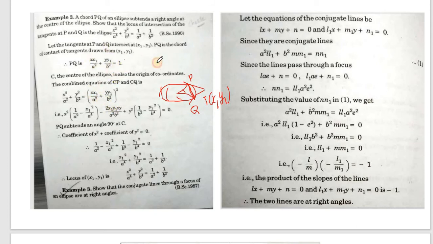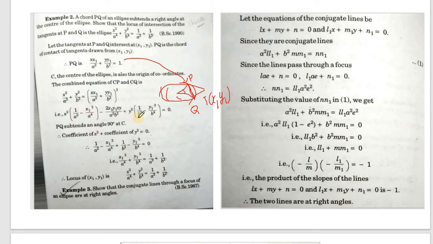This is the equation of PQ. So you are homogenizing the equation of the ellipse with the help of this. You collect the terms containing x square, terms containing y square, and then the xy term. We are not bothered about this. Because PQ subtends a right angle at the center, the coefficient of x square plus the coefficient of y square will be 0.